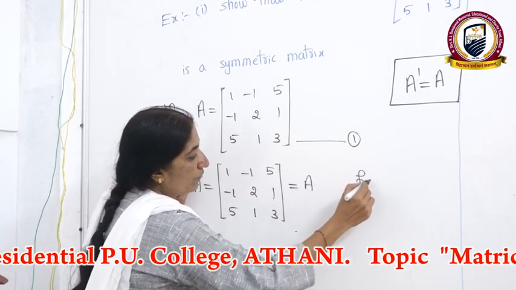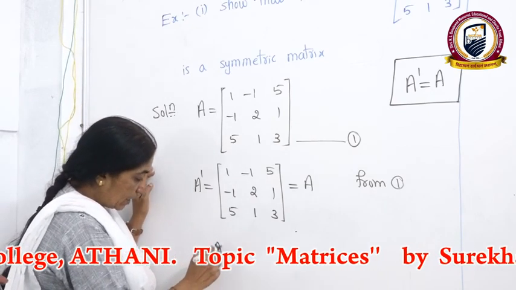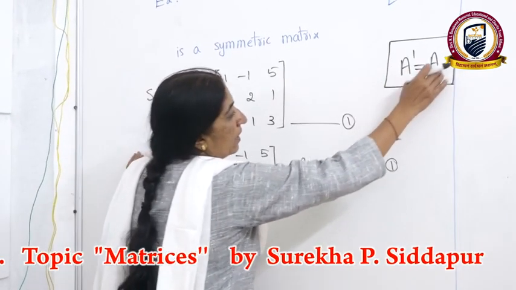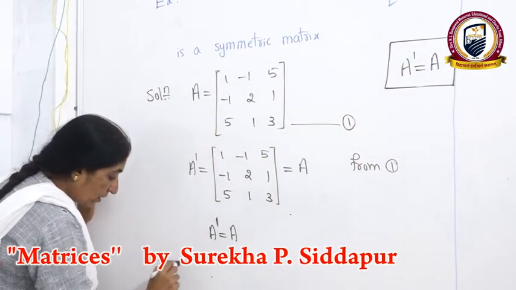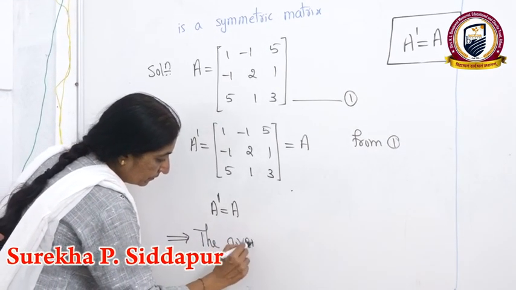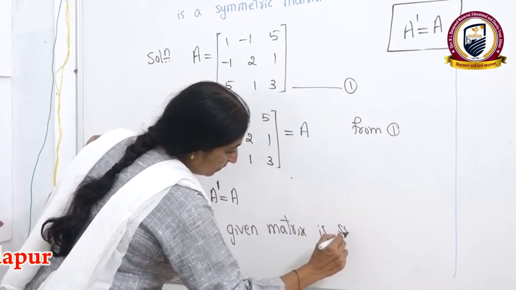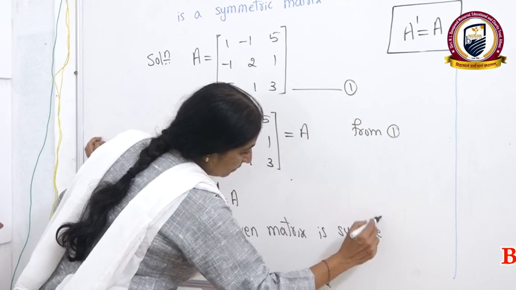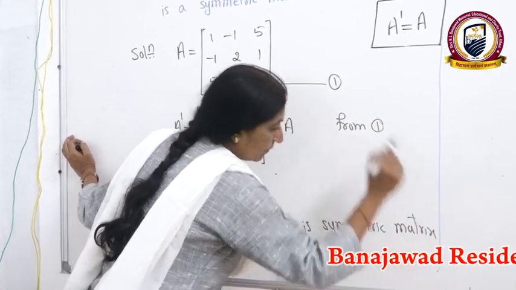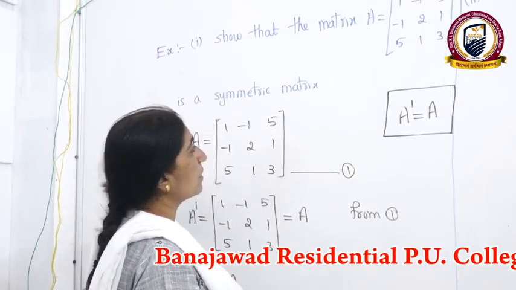So this we are writing from equation 1. After writing, what will you get? You will get A dash is equal to A. Dash is nothing but transpose. And A transpose is equal to A gives you what? The given matrix is a symmetric matrix. Now this completes the proof that the given matrix is symmetric.